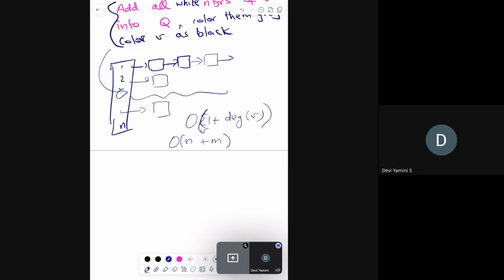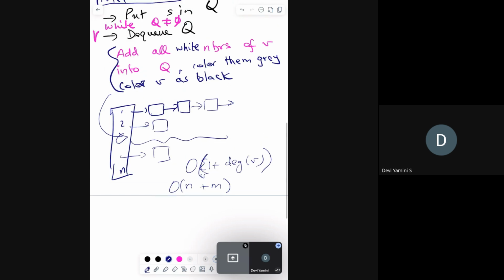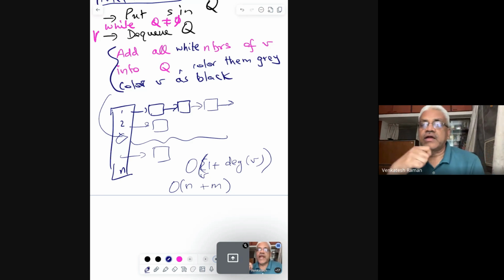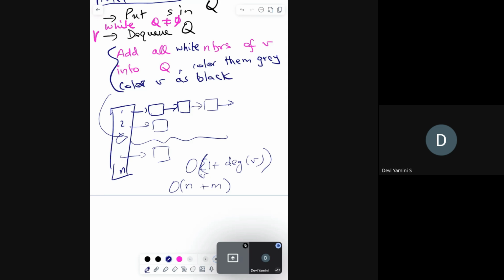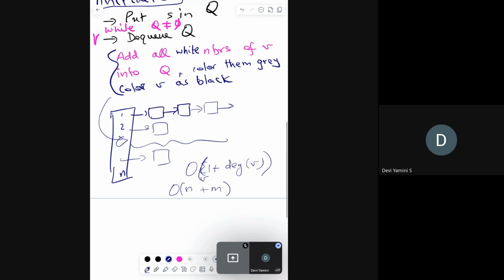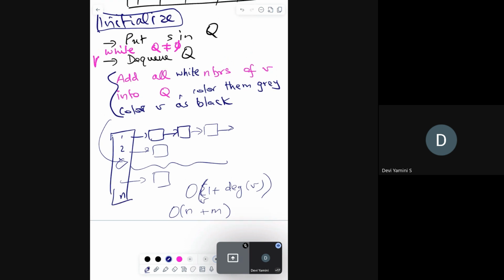I have a doubt, sir. Sure. The one corresponds to the statements that are included in the while loop, no, sir? The constant time, for example, coloring V as black. Okay. So that's initialization, what I have mentioned in the solution is the first part, initialization of vertices with the color, it takes order n.